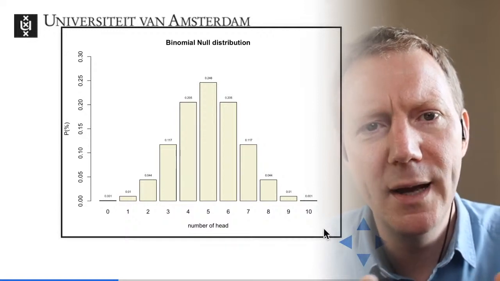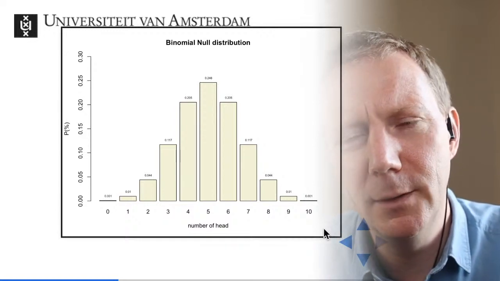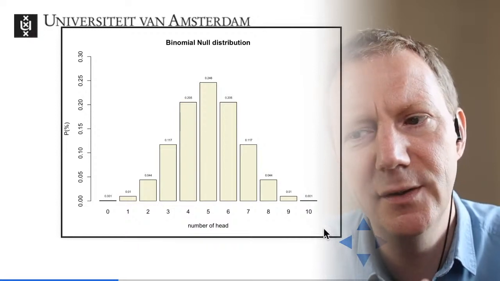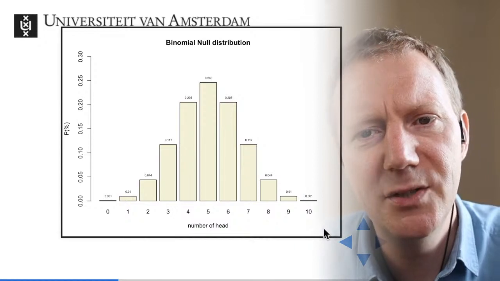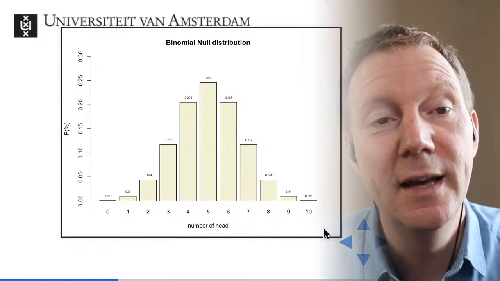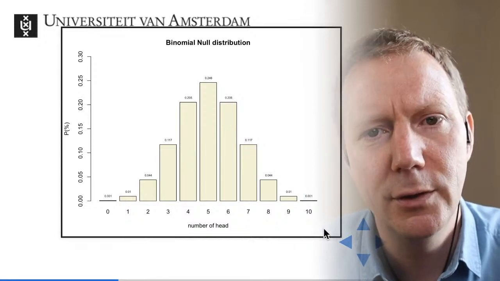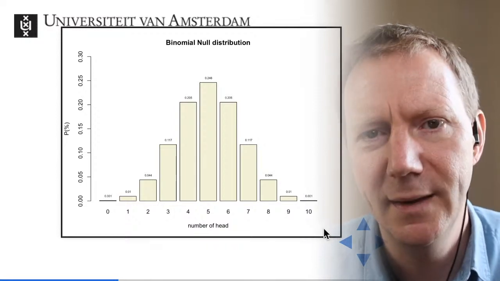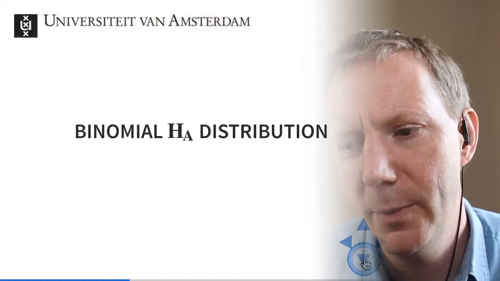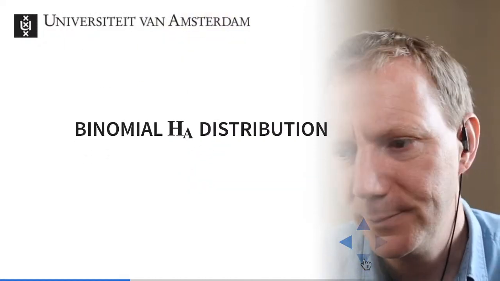So if you can't determine definitively if it's a fair coin or not, then you have to determine what the criteria is for your decision, for your conclusion to denounce the null hypothesis. And that is where the Neyman-Pearson paradigm comes in.